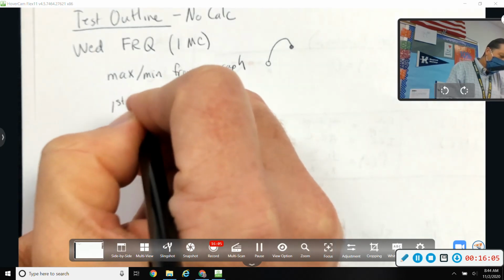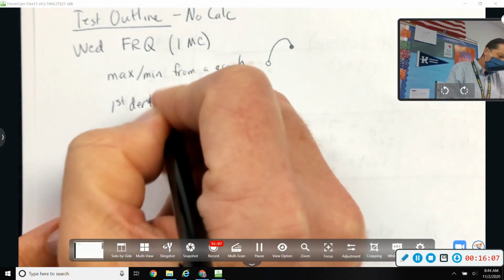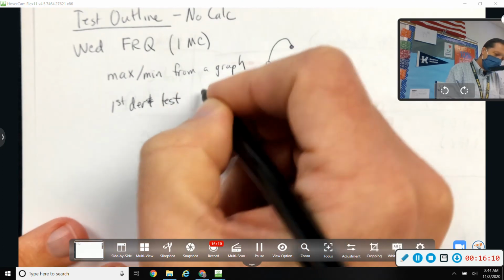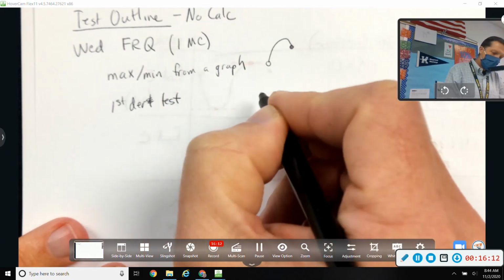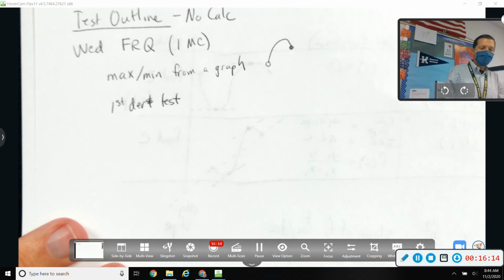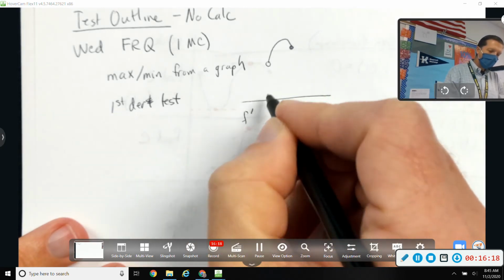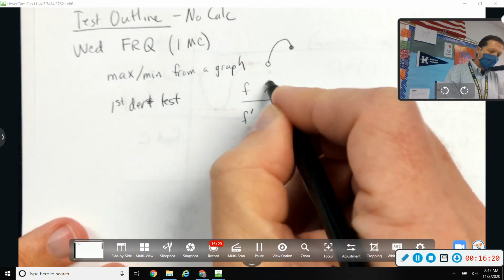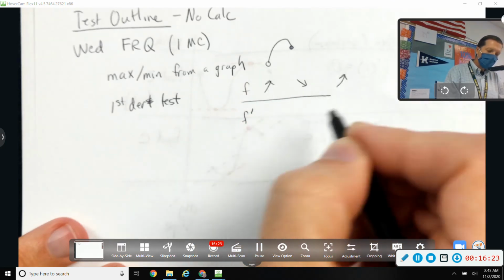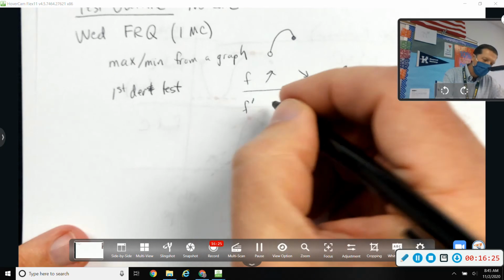We'll specifically ask you to use the first derivative test to find a max and a min. So you remember that's where you do an f prime number line. F is increasing, decreasing, increasing. So there's a max and a min, that kind of stuff.